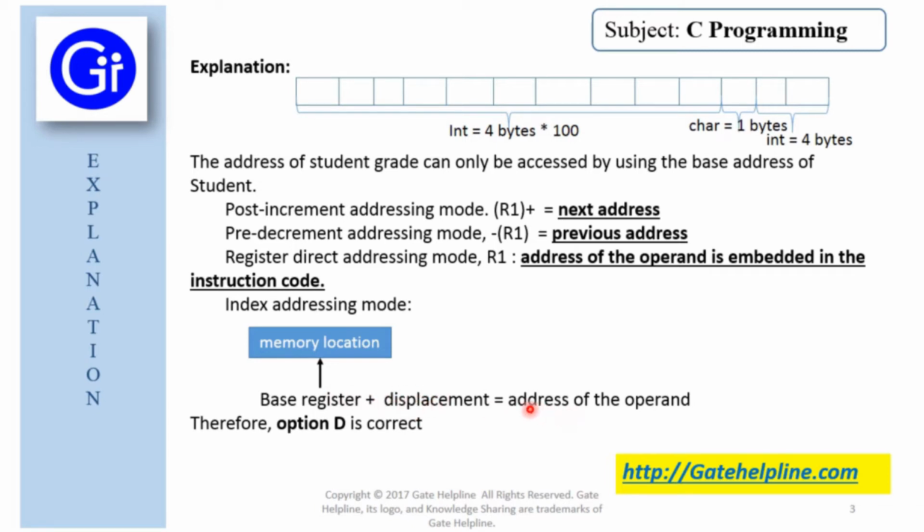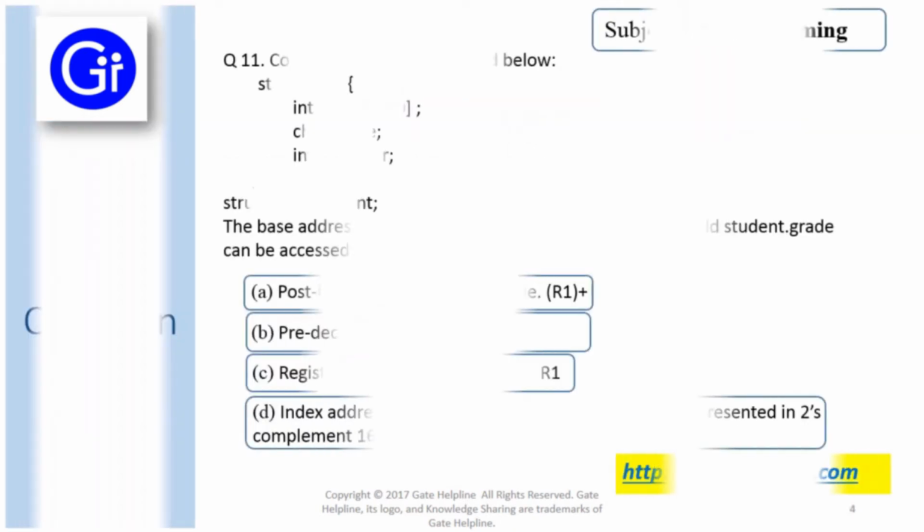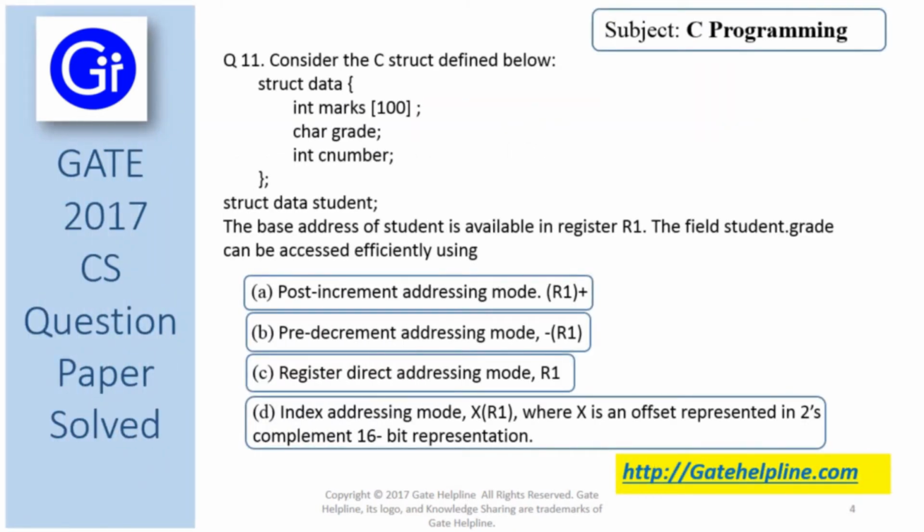So the address of the operand, that is this 1 byte char, we can get with the help of base address and displacement, which is this one. So therefore option D is correct. So friends, as per our discussion, the answer to this question is option D, that is index addressing mode.